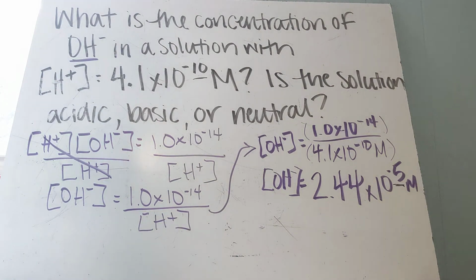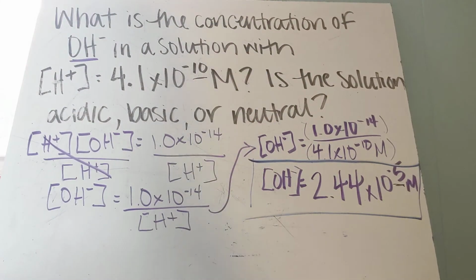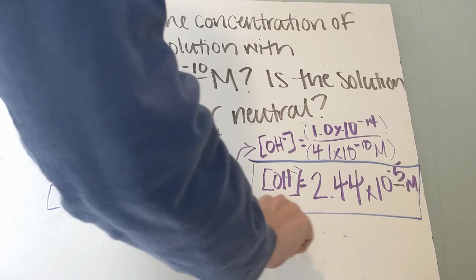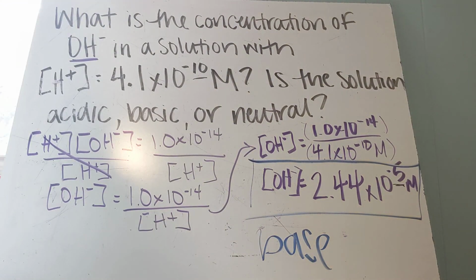It's closer to 1. So if our OH minus concentration is bigger, it's going to be a base. If you're confused by that, I would look back at the video about the pH scale.